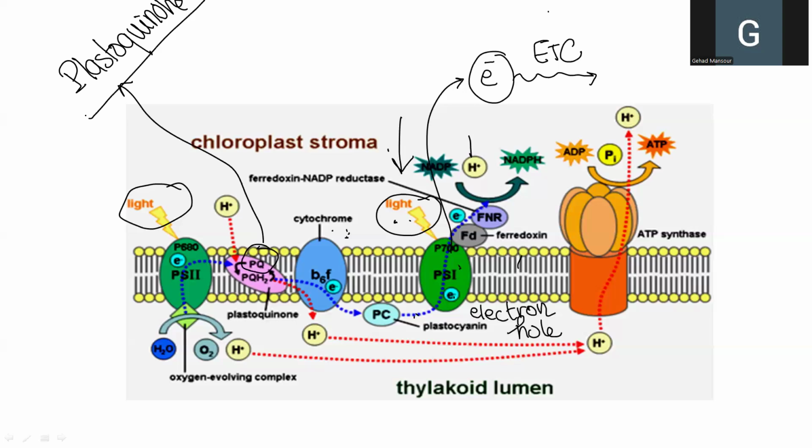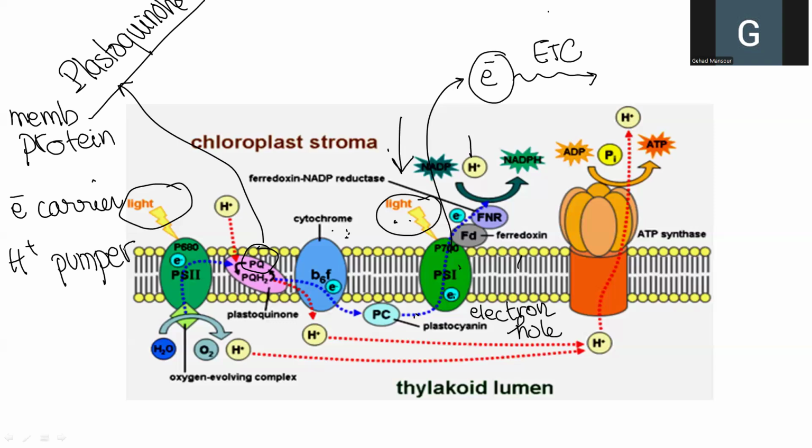This is the first characteristic, membrane protein. It's also an electron carrier. It's also a proton pumper. See how many characteristics it has. And it also has enzymatic activities, and therefore it acts as an enzyme.